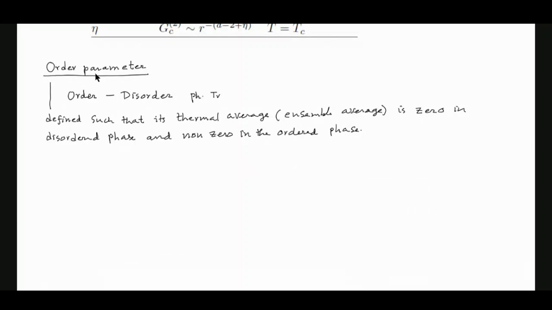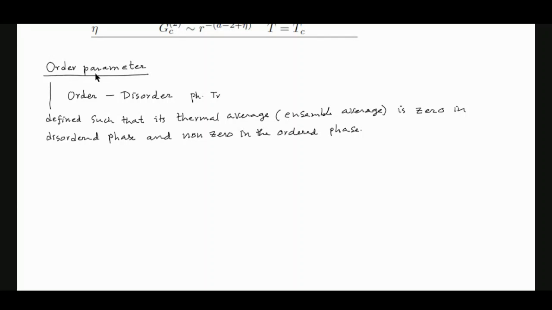There is no general rule as to how to define an order parameter, but physical intuition plays some role here. In general, given a second order phase transition, we should be able to define an order parameter.